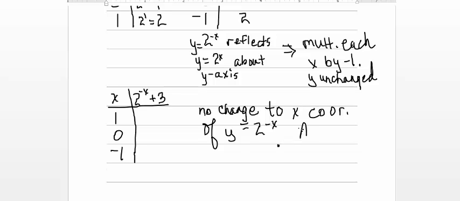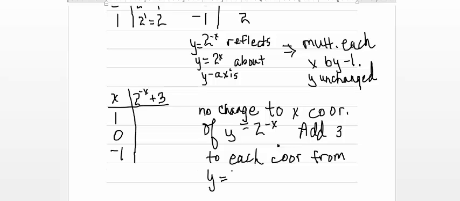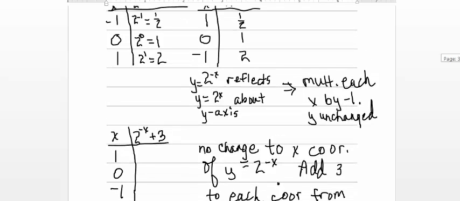But add 3 to each y coordinate from y equals 2 to the negative x. So every y changes by adding 3. So instead of having 1/2 here, I have 3 plus 1/2, which is 3.5.